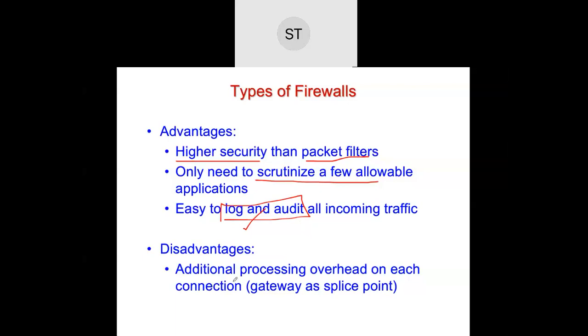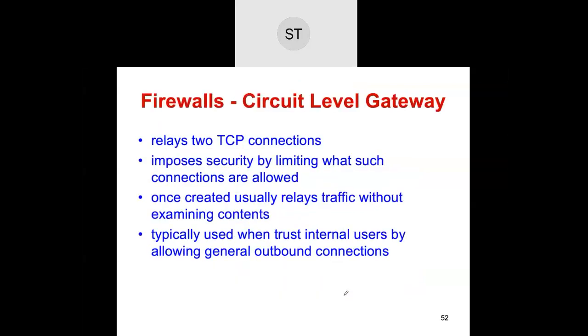Disadvantage is processing overheads are there on the connection. Then third is circuit level gateway or circuit level firewall. So it will allow two TCP connections and impose the security by limiting the allowed connections.